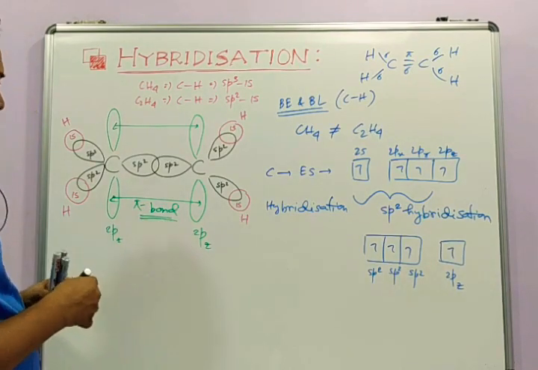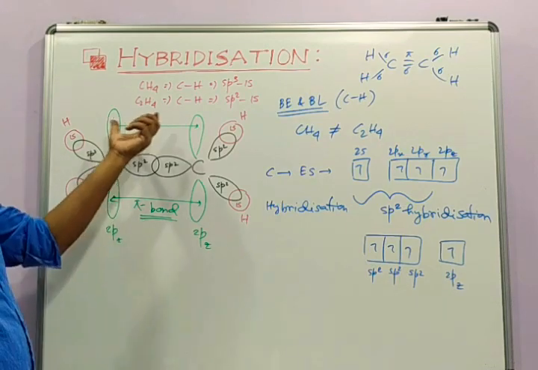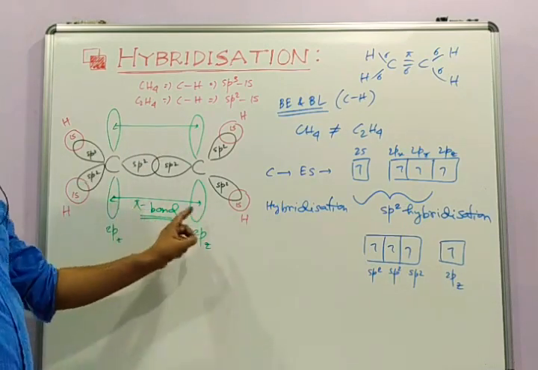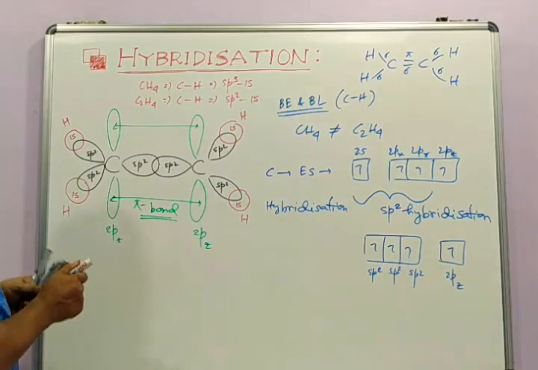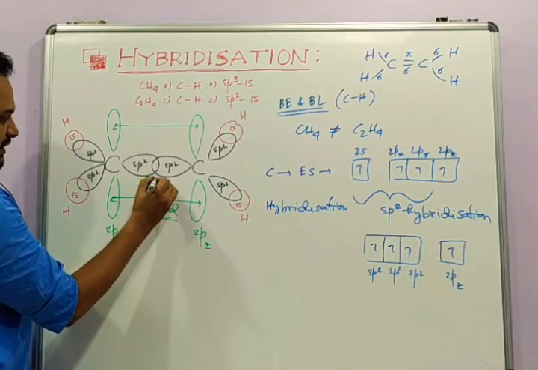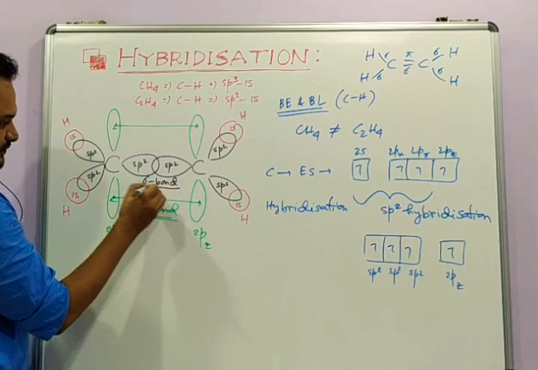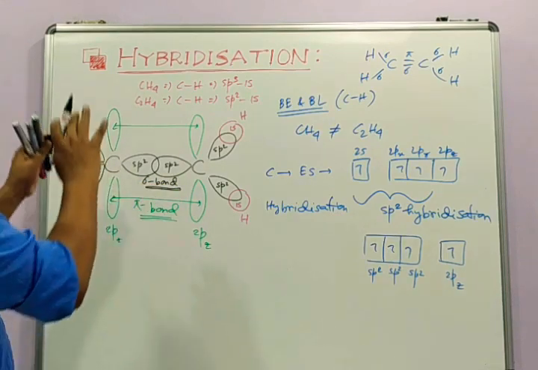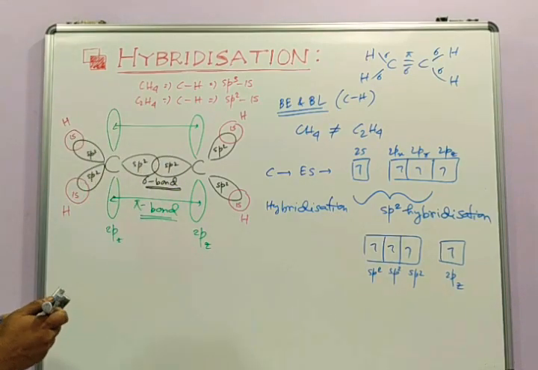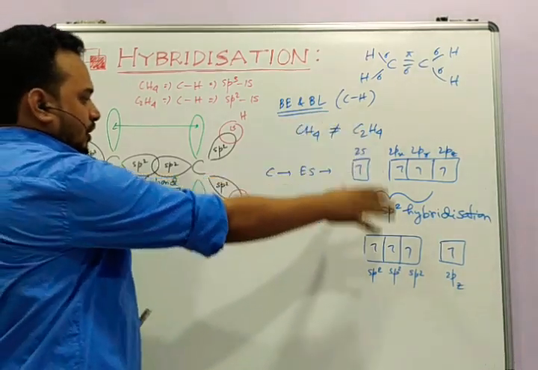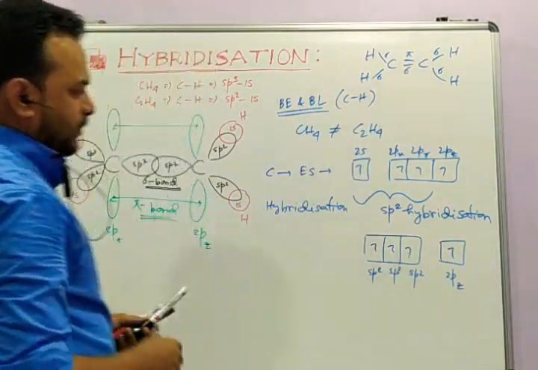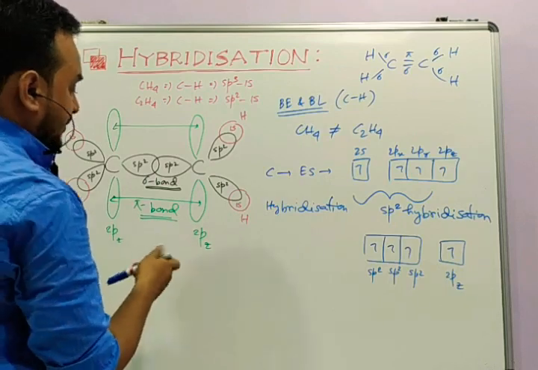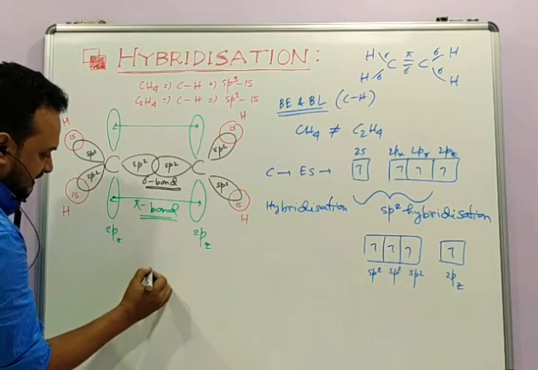So this is the carbon-carbon pi bond formed by overlap between the two 2pz orbitals, and this one is the carbon-carbon sigma bond. In this way we can explain the formation of the ethylene molecule, or the process of sp2 hybridization. Now again we will calculate percentage s character.